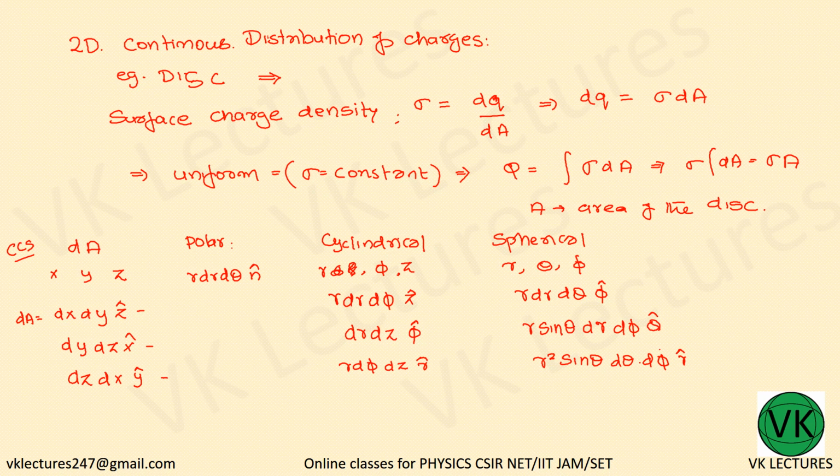If it is Cartesian, you can use this area vector. If it is cylindrical, please use this one. For spherical polar coordinates, these vectors. So these are all different area vectors in the 3 directions.